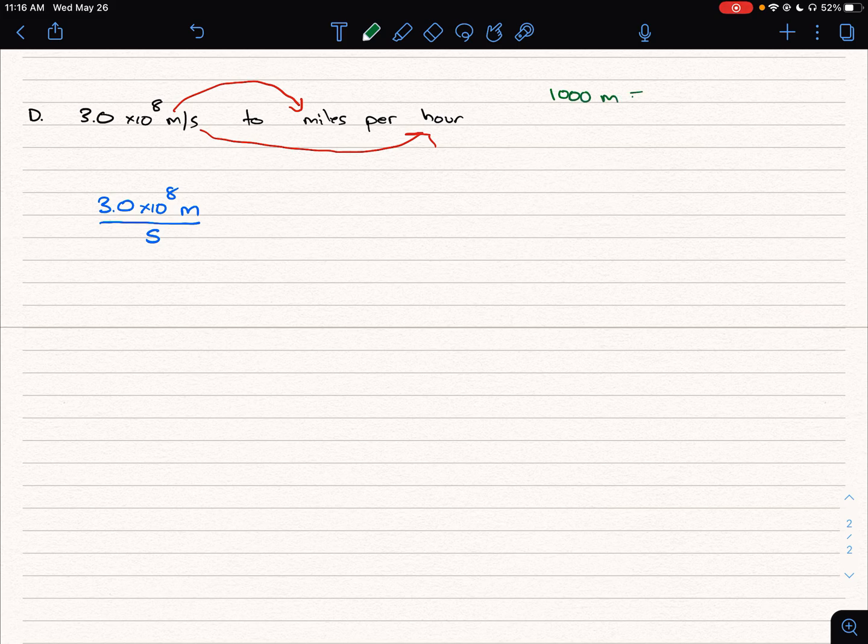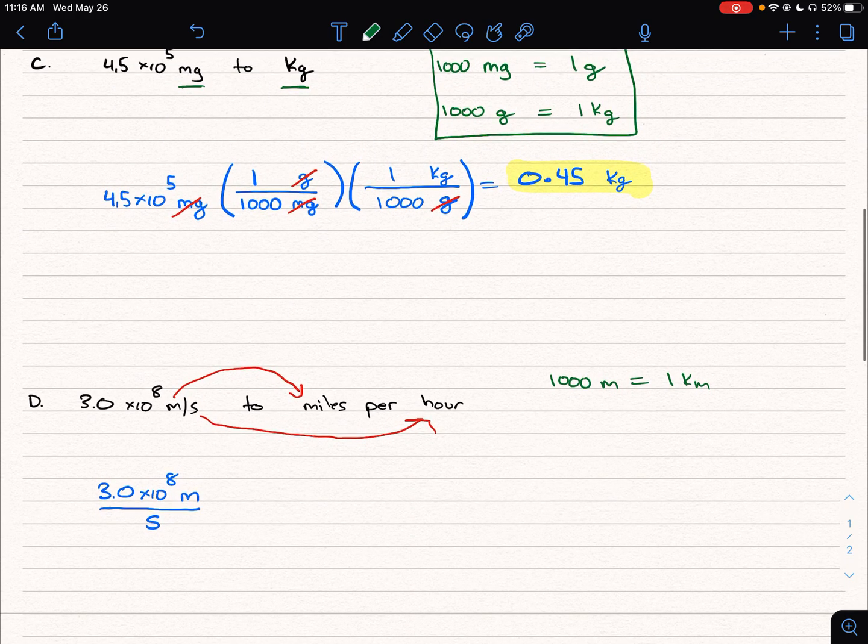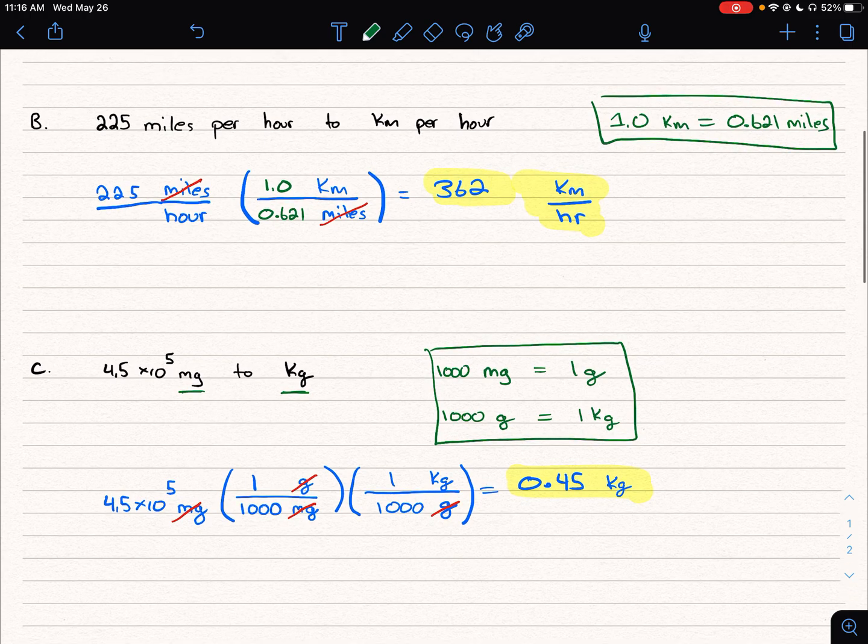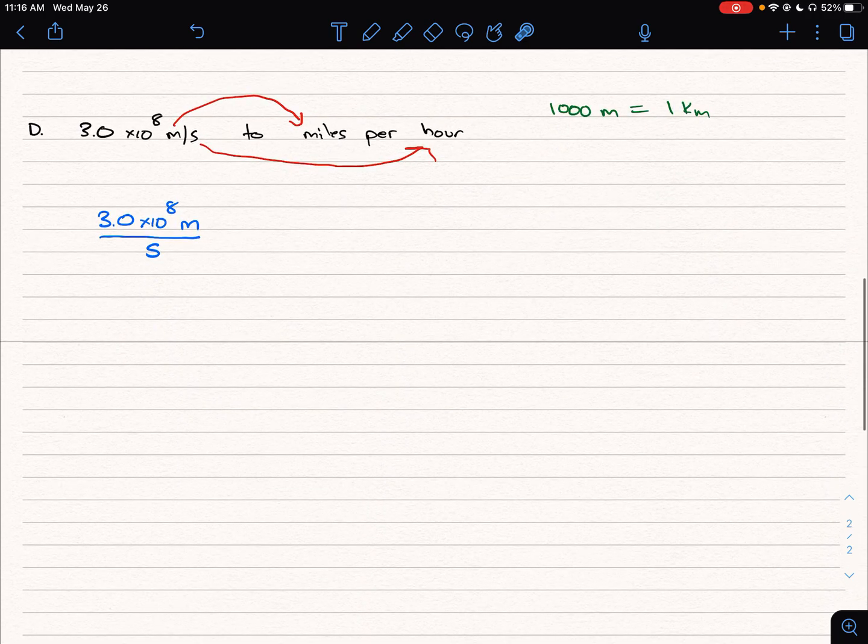And we might recall that we know that there is 1,000 meters is equal to 1 kilometer. And just as above, we looked at this, we said we can go back up and say 1 kilometer is equal to 0.621 miles. So I'm going to write that down here as well. We know 1.0 kilometers is equal to 0.621 miles.